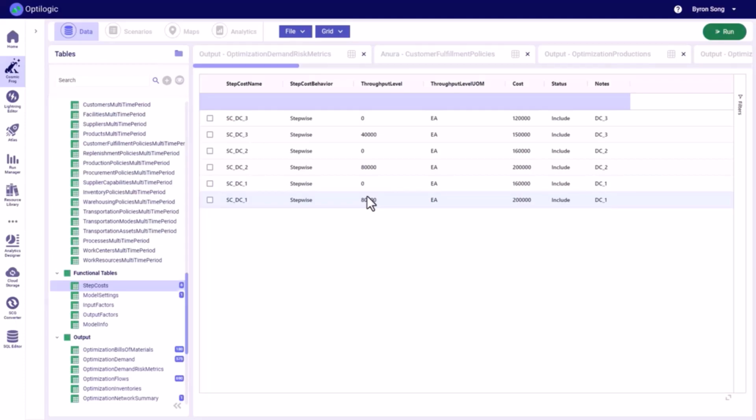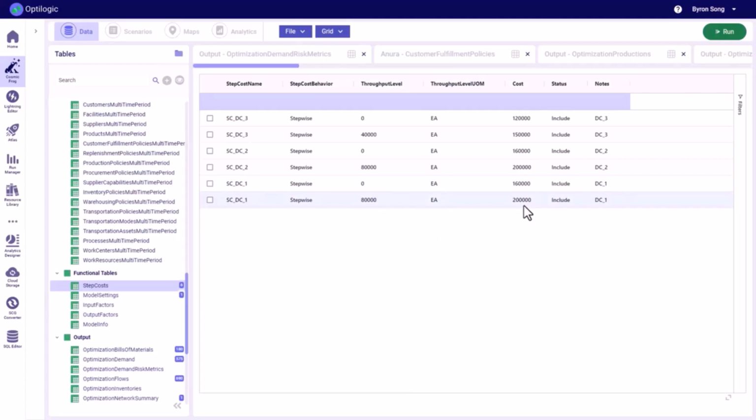So this is saying between the flow from 0 to 80,000, there's a fixed operating cost of 160,000. Beyond 80,000, up to 100,000, which is the maximum throughput capacity, a cost of 200,000 will be applied.